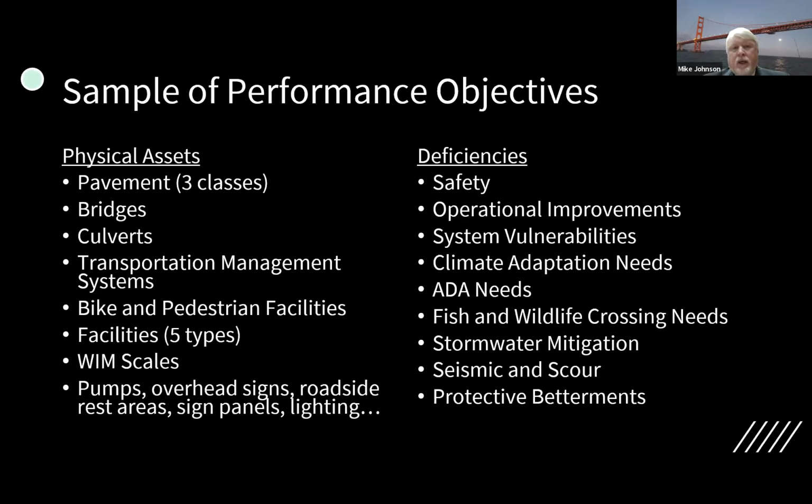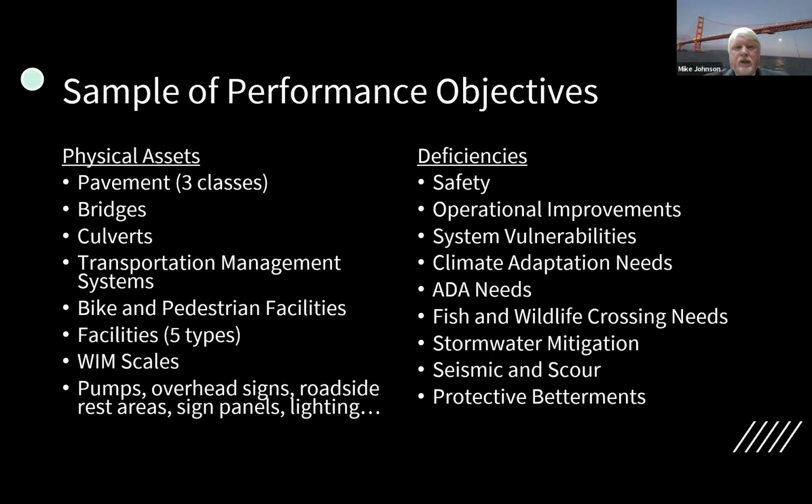That takes money, and that money that we would devote towards safety could very well come from one of these physical assets, or at least the trade-off decisions that have to be made. And similarly, things like improving the operations of the system to reduce congestion and delay. Those are things that, again, you can't go touch, but you can measure.